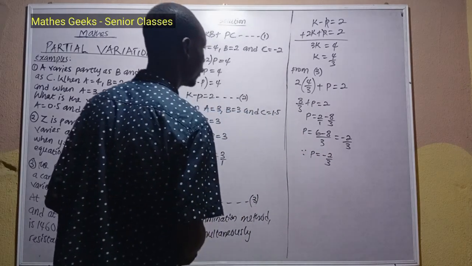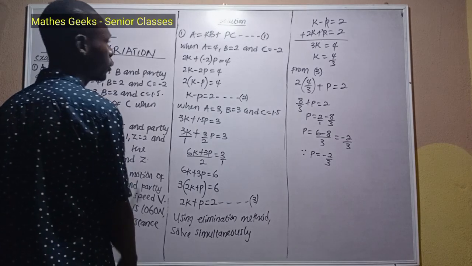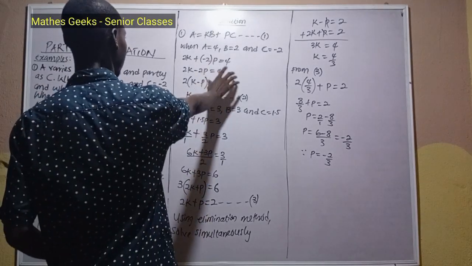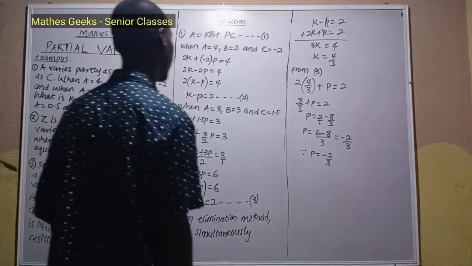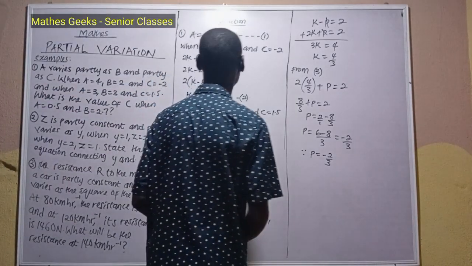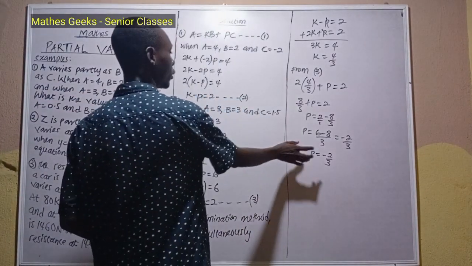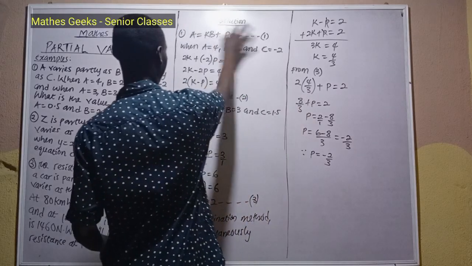So we've gotten the value for p and the value of k from this relation; p and k are both constants. So now that we have both constants, we need to put the values of p and k into equation 1.